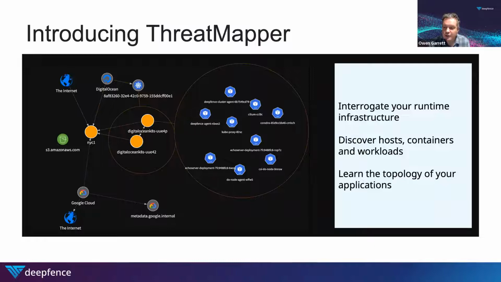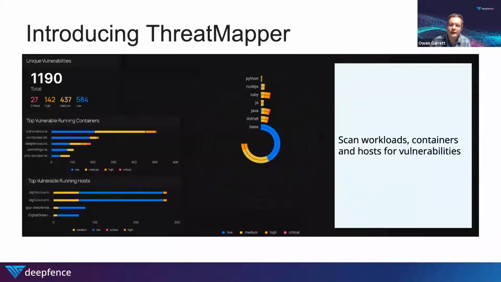ThreatMapper solves the first problem of discovering what is actually running in your production environment. And it learns the topology of those applications for reasons that will become really clear as we look at some of the new capabilities.